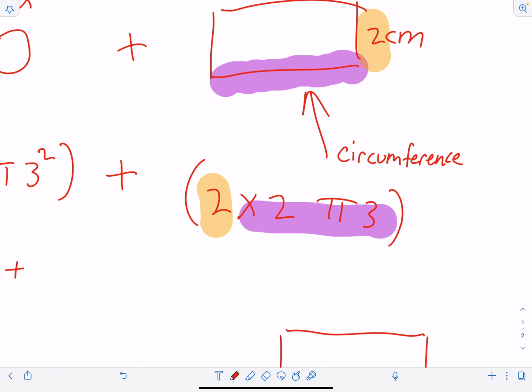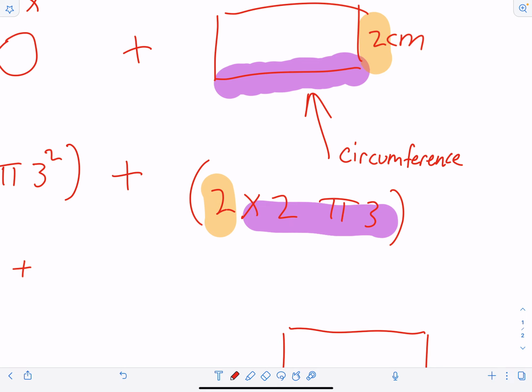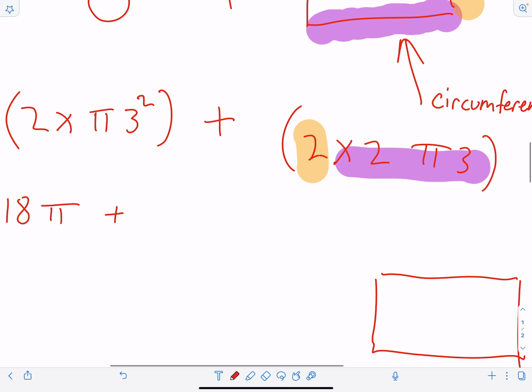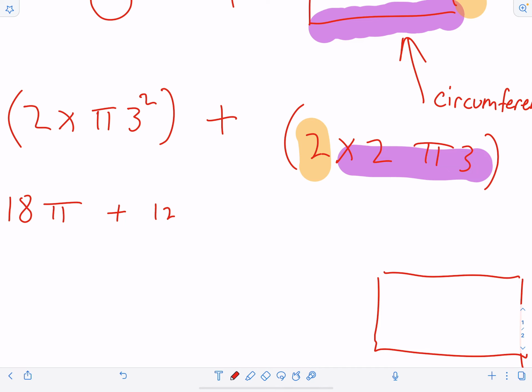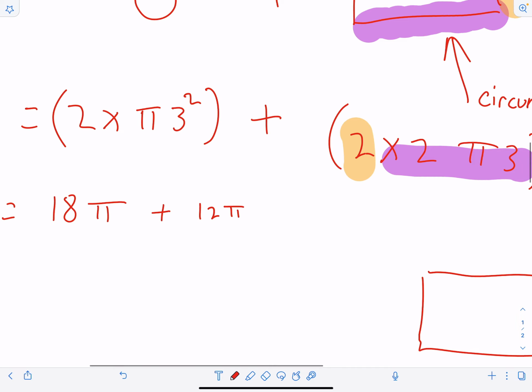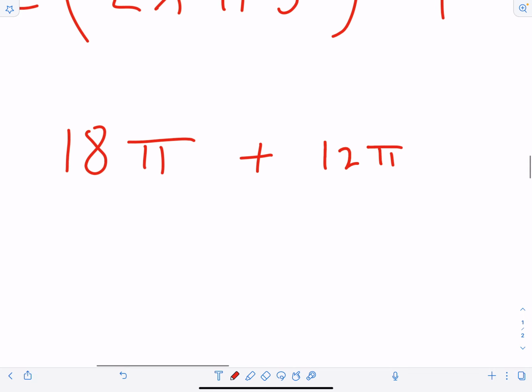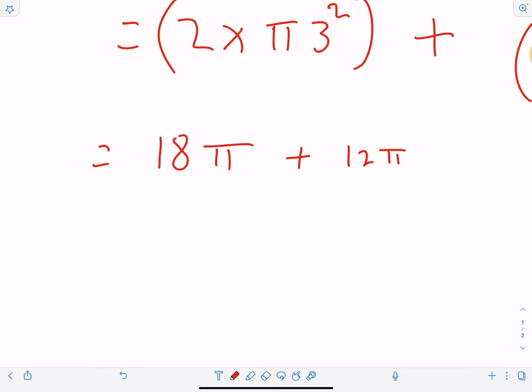So we've got 2 times 2 times pi times 3, so that's 12 pi. The reason you leave it in pi form at the moment is we've got 18 pi plus 12 pi, so that's going to be 30 pi.